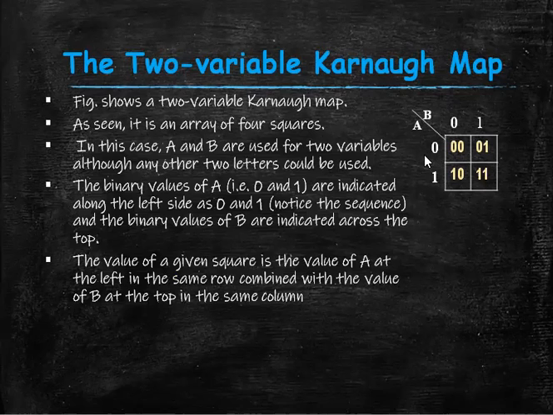Look here. This value in this square represents the product of A and B. As it is 0 0, it is A bar and B bar.